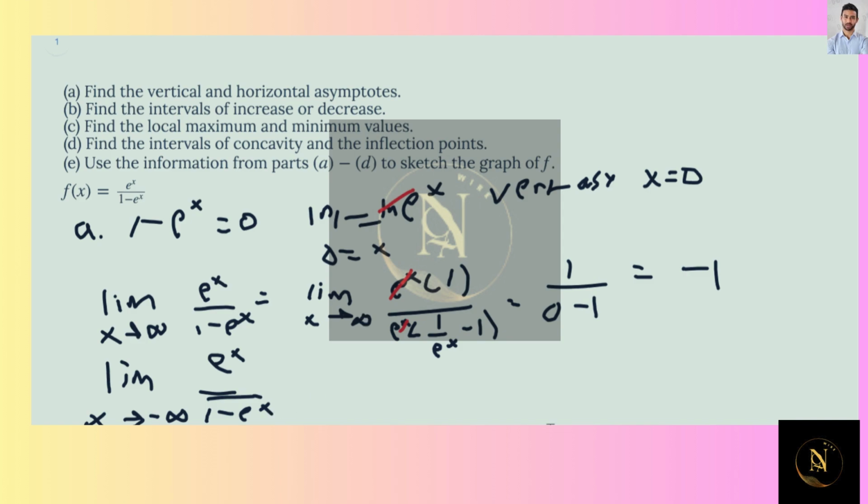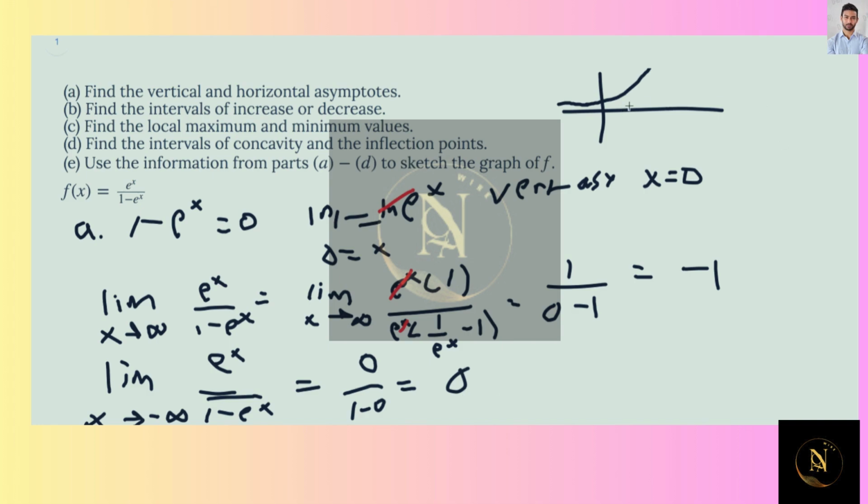Remember that the graph of e to the x rises, goes off to infinity, but as it goes to negative infinity, it approaches 0. So whenever you see a limit as x goes to negative infinity of e to the x, you can assume that e to the x goes to 0. So this can be 0 over 1 minus 0, and this will equal 0.